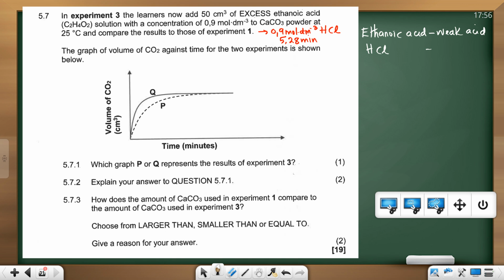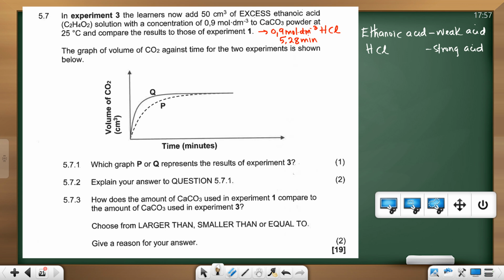HCl is a strong acid. Okay. Now, which graph, P or Q, represents experiment 3? Which one do you think would be faster? The one with a weak acid or the one with a strong acid? It's the one with a strong acid. That's nature of reactant.